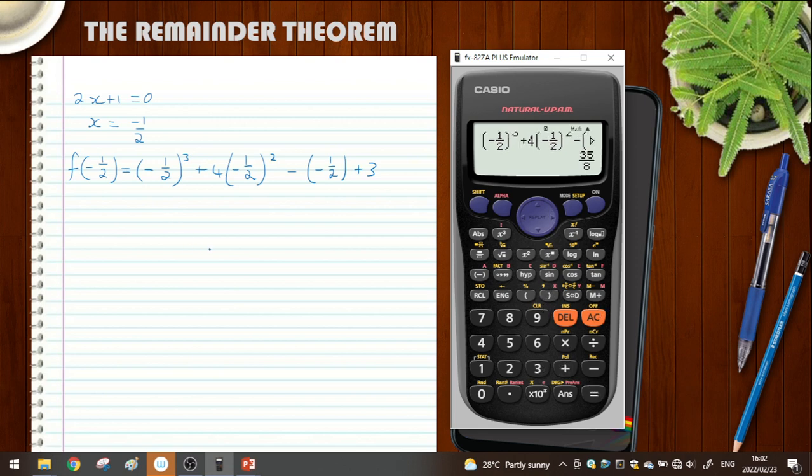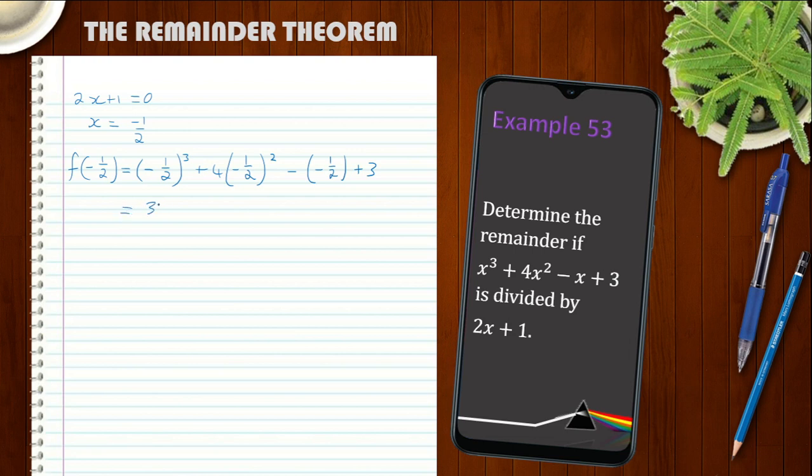That gives me 35 over 8, and that's my answer. 35 over 8 is the remainder. If I take this polynomial and divide it by 2x plus 1, I get 35 over 8 as my remainder.